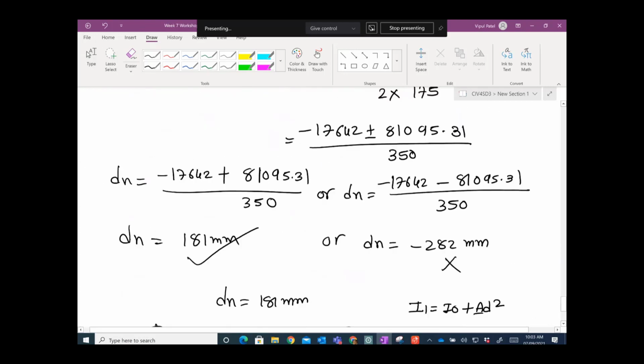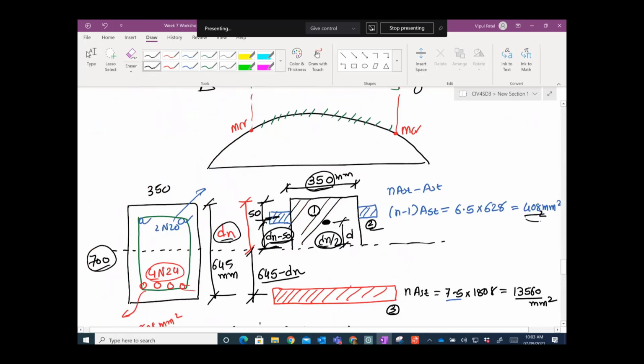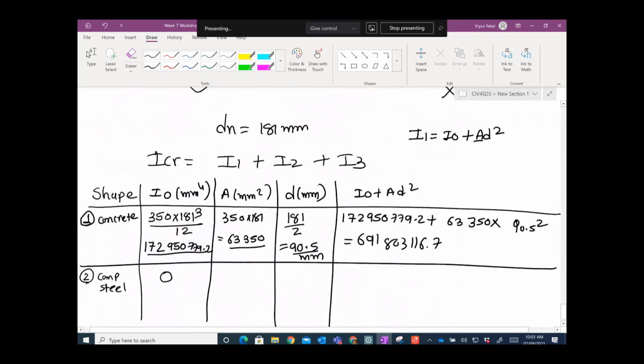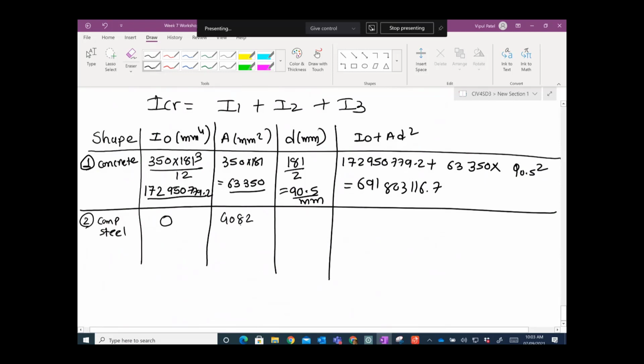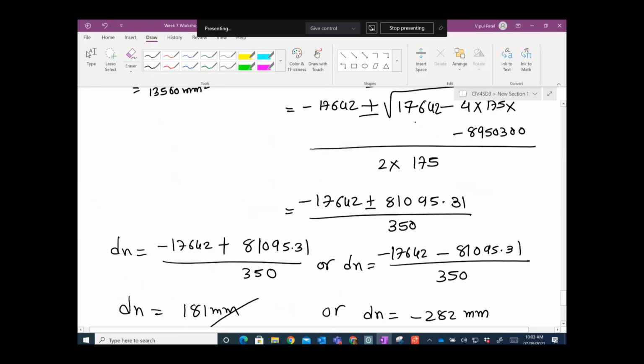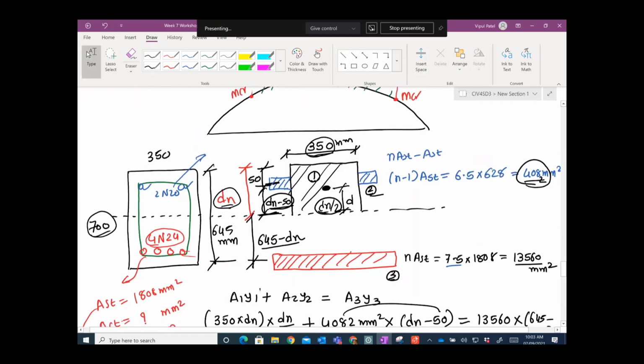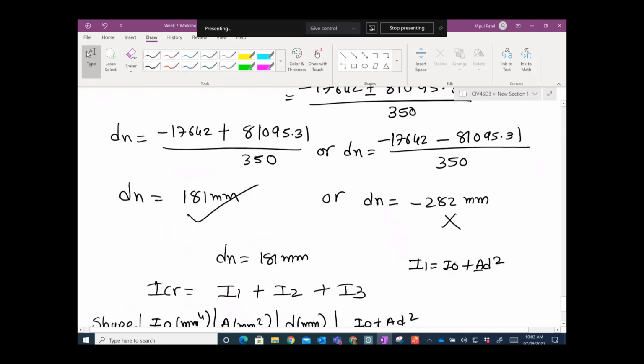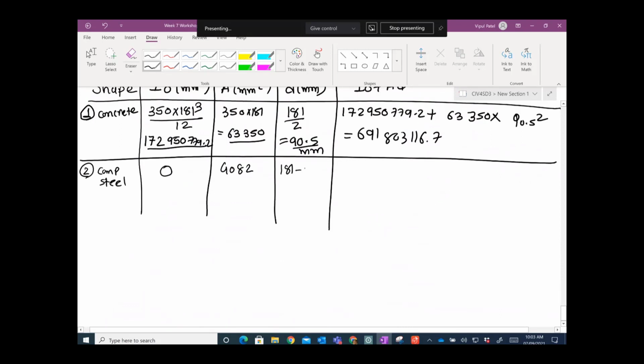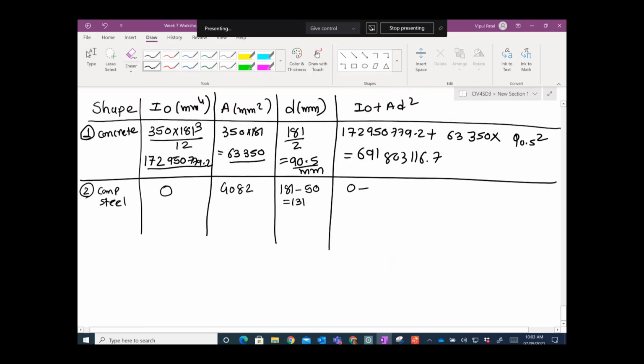Now the area we know, we consider that area 4082 millimeter squared, and D is the distance here. Where is that? dn minus 50. So you have how much dn? 181 minus 50, you get 131. And for that case, you have 0 plus area 4082 times 131 squared.